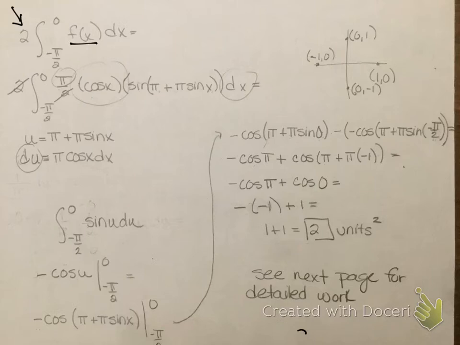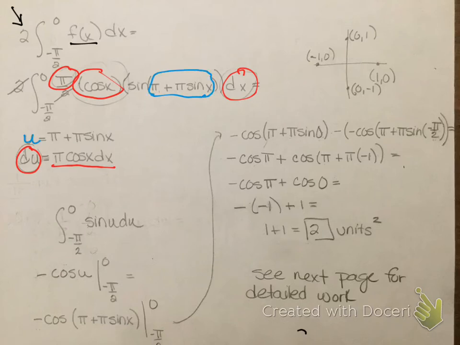Do you see pi cosine x dx, all of that, I can substitute in a du for? Do you see this right here was my u? So I can replace that thing right there with u.